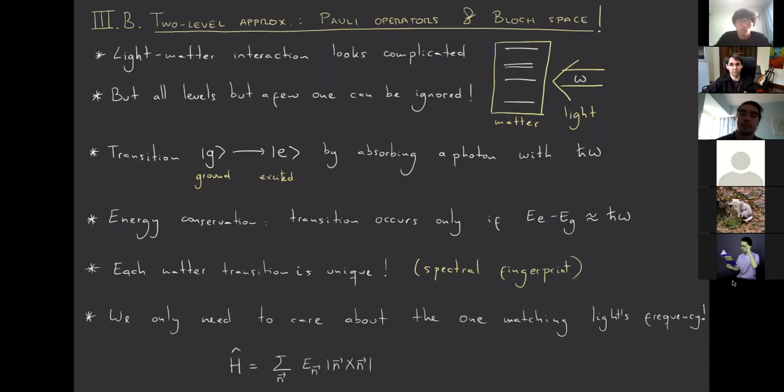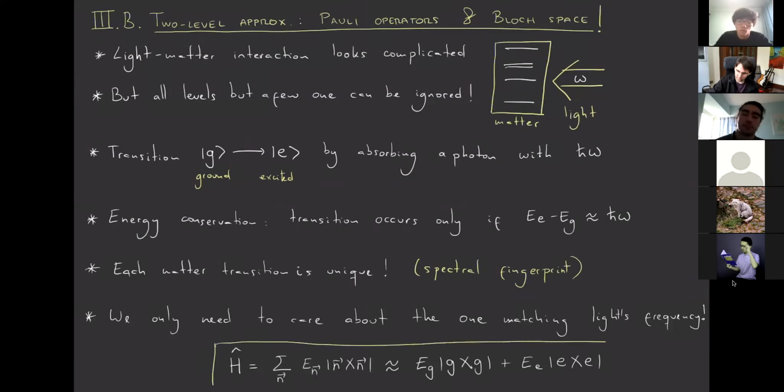In particular, for light that has one specific frequency omega, you only need to care about two levels. So the Hamiltonian that was so complicated, at the end of the day, we can rewrite it just as the combination of two projectors, the ones corresponding to the ground and excited states, that can be connected by that frequency omega.